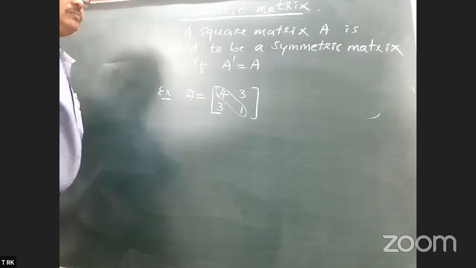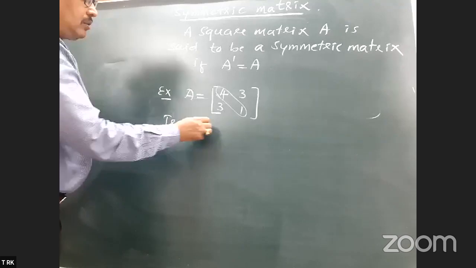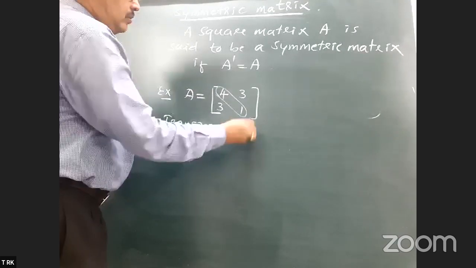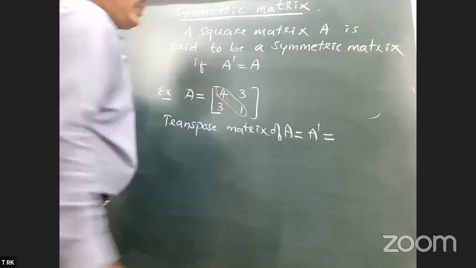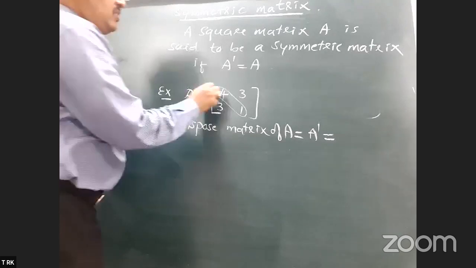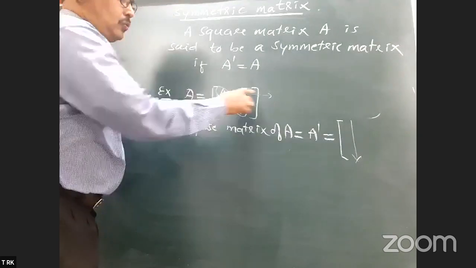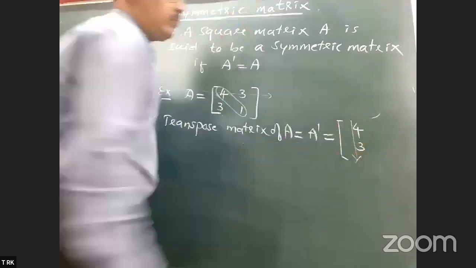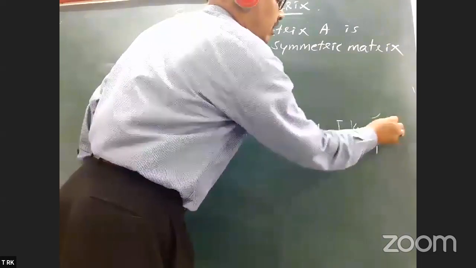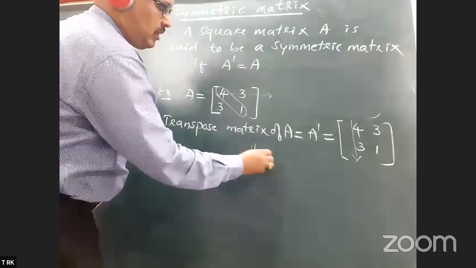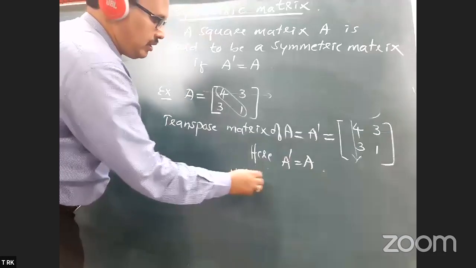The transpose matrix of A is A dash, which is just interchanging rows and columns. So we get first row 4, 3 becomes first column 4, 3. Second row 3, 1 becomes 3, 1. Here A dash is equal to A. Therefore, A is symmetric.